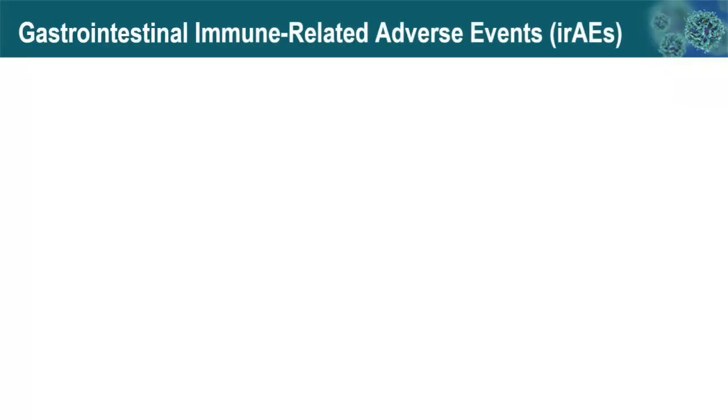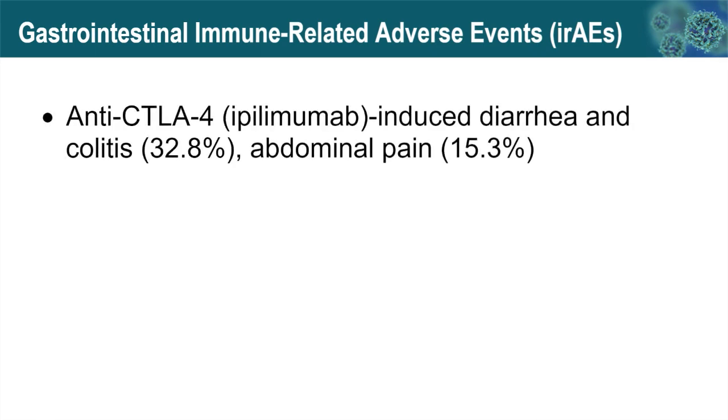The most common adverse events are associated with immune checkpoint inhibitors that target the anti-CTLA-4 receptor, such as ipilimumab, which include diarrhea and colitis in about 30% of patients, and abdominal pain in approximately 15% of patients.